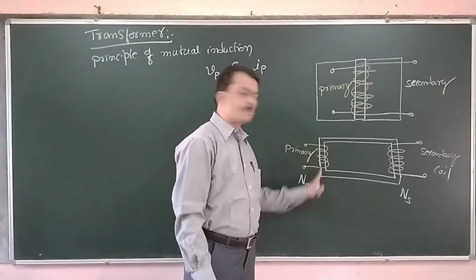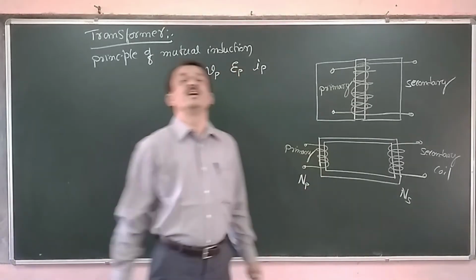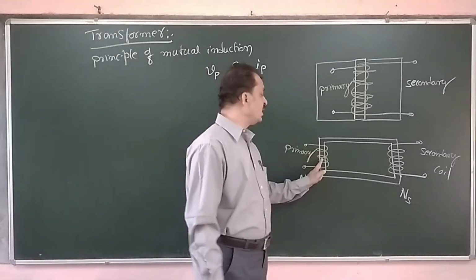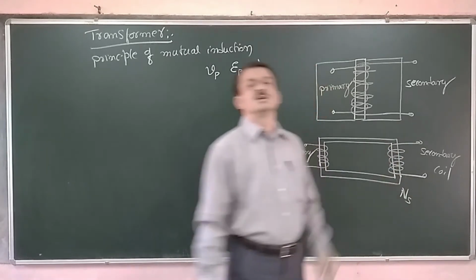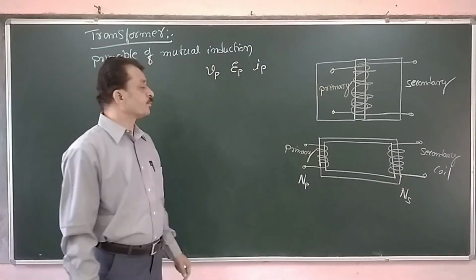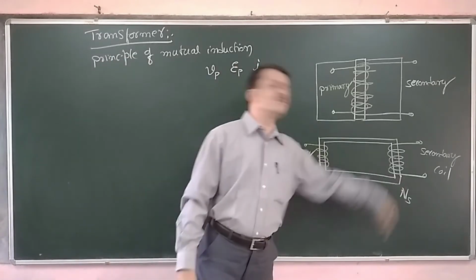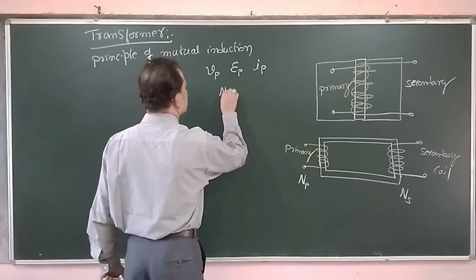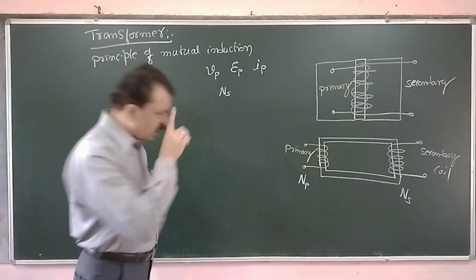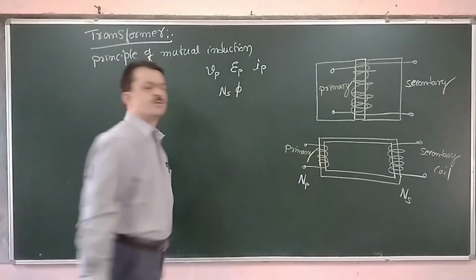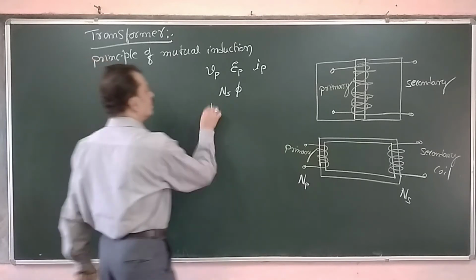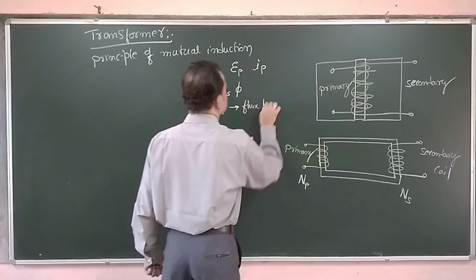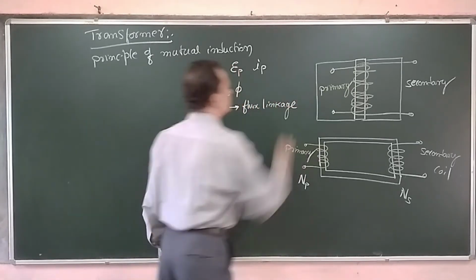IP is the current flowing through the primary coil. As and when the current flows through the primary coil, a magnetic field is generated. Now these magnetic field lines are linked with the secondary coil. Since the secondary coil has NS number of turns and each turn has a magnetic flux of phi, then NS into phi we call the flux linkage, that we have studied.